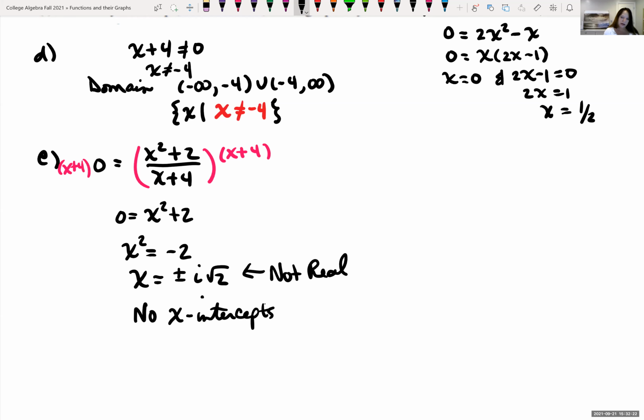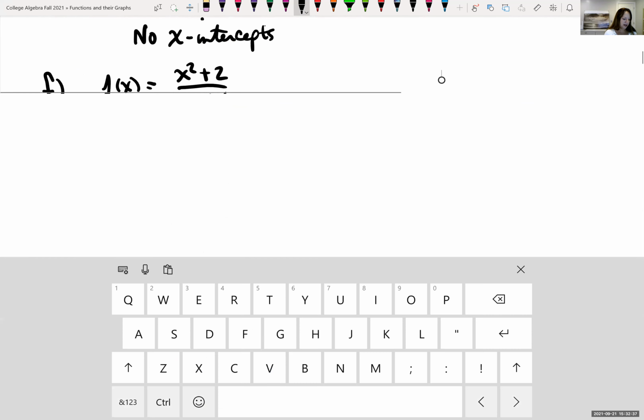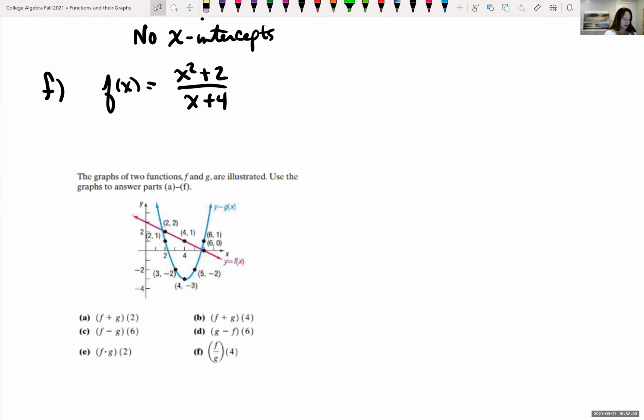And then the last one was, what is the y-intercept, if any? Again, our equation was f of x equals x squared plus 2 all over x plus 4. The y-intercept occurs when x is 0, so we want to plug in 0 wherever we see an x in here.